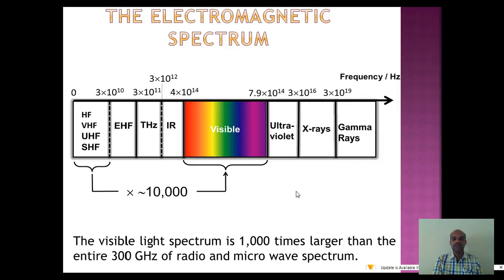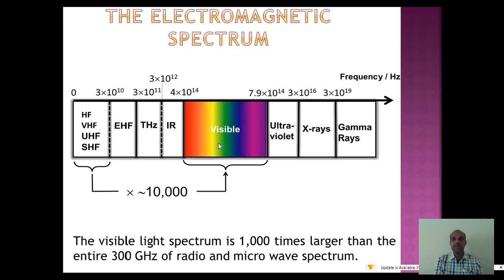The current radio spectrum is here, and it is going to be fully occupied with the various Wi-Fi devices. So we have another option called visible light communication, which is widely available. Almost 10,000 times more space is available than the radio and microwave space combined.